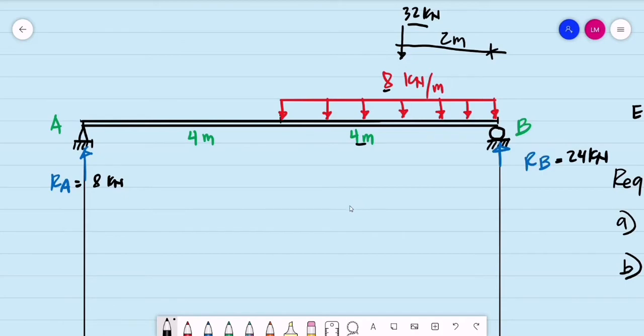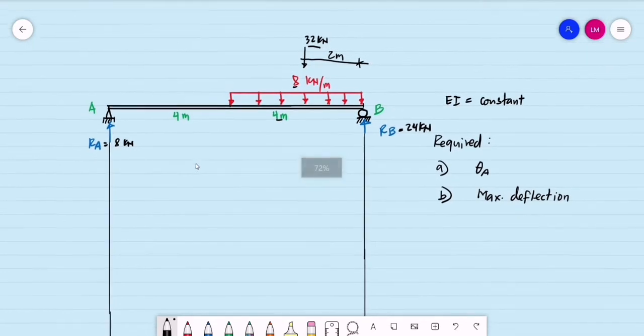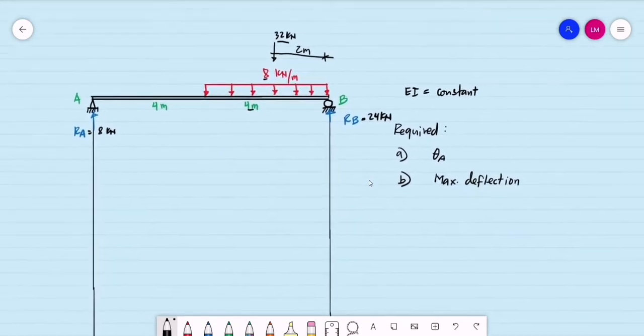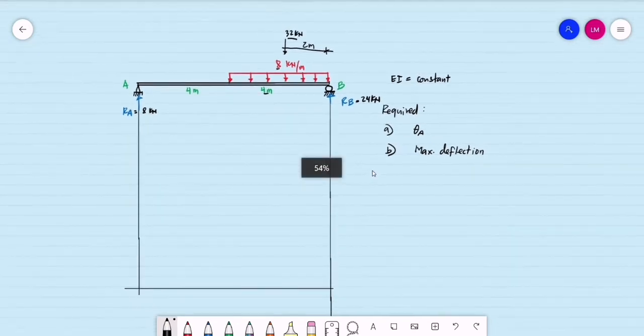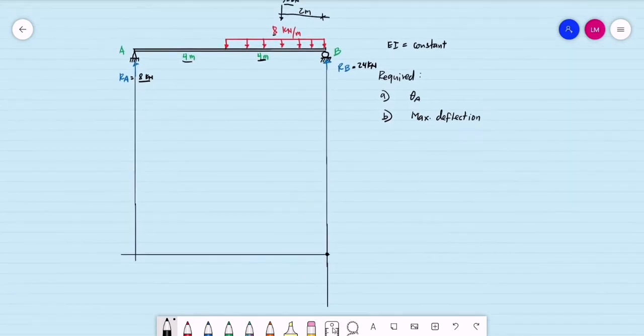After computing the support reactions, we are to decide on what point we are going to take the moments for the moment diagram. Since our uniform load is on the right half of the beam, it is more convenient in this case to take the moments at B, or the right end. So we have 8 multiplied by the span, 8 times 8, that will give us a positive 64.